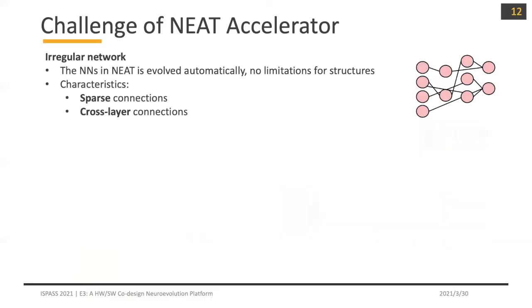There are some special challenges in a NEAT accelerator. One of them is irregular network. Because NEAT allows the neural network to evolve without any constraint, it has two characteristics. The network could have sparse connection, as you can see here, and also it has cross-layer connection, as you can see here.